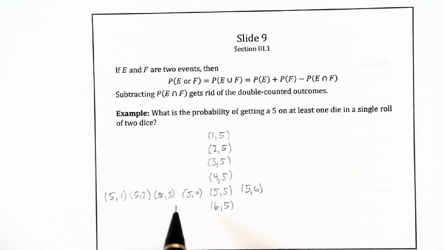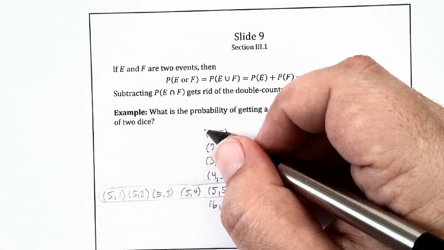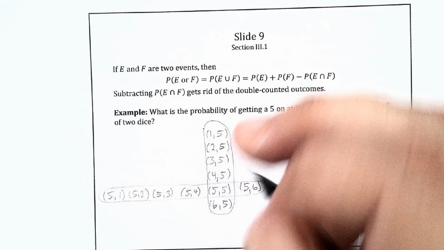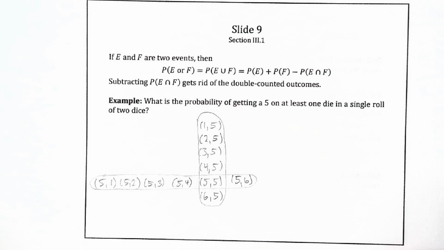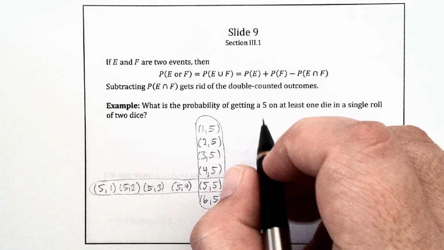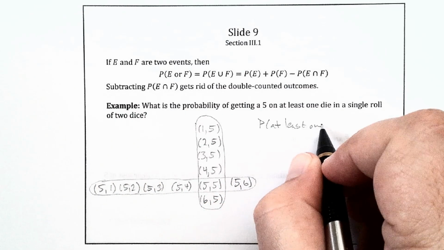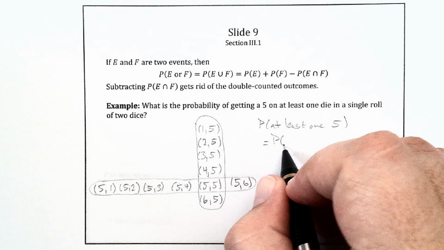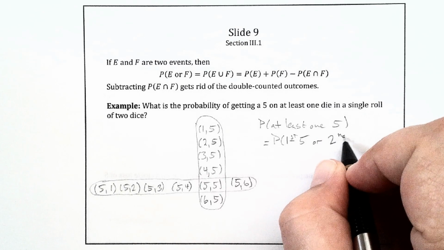Okay, so within that whole set, 36 outcomes, we have these two events. The one in which the first die gives you a 5, and the one in which the second die gives us a 5. So the probability of getting at least one 5 is the probability of the first giving us 5 or the second giving us 5.